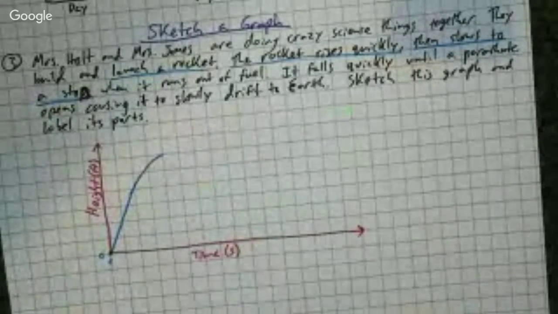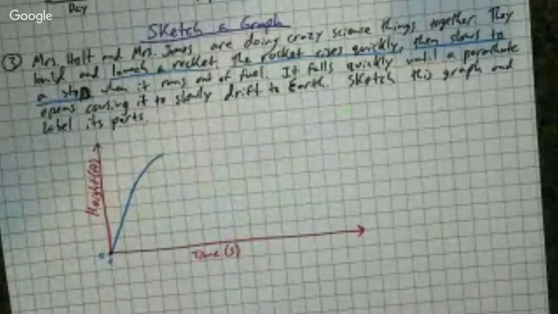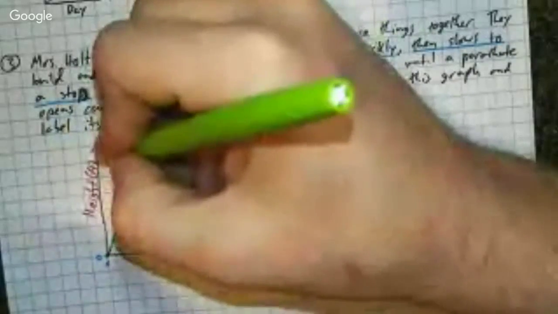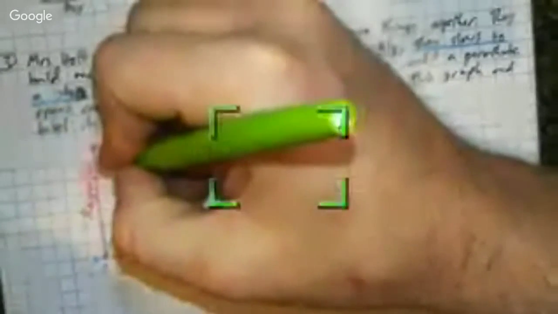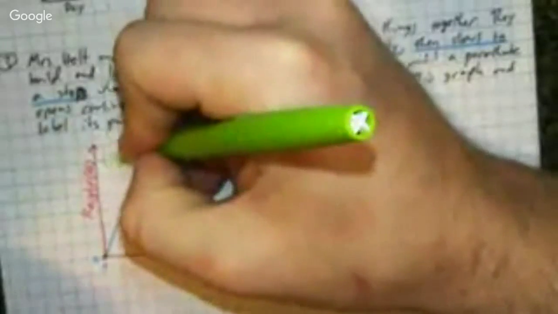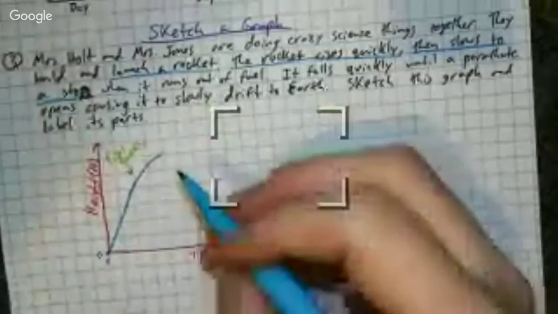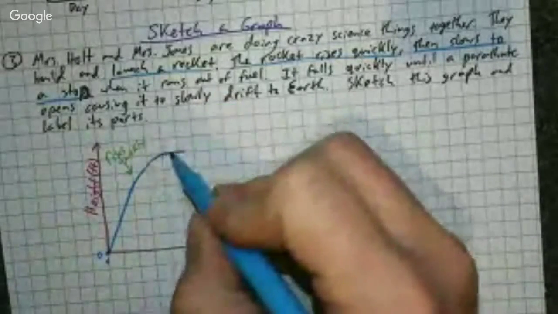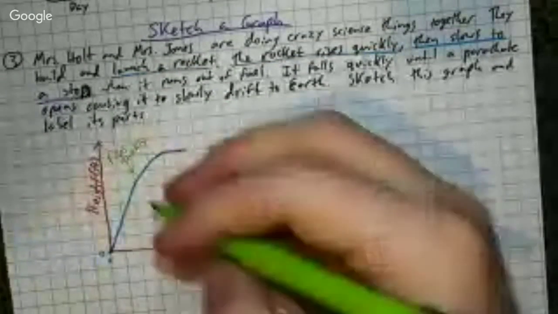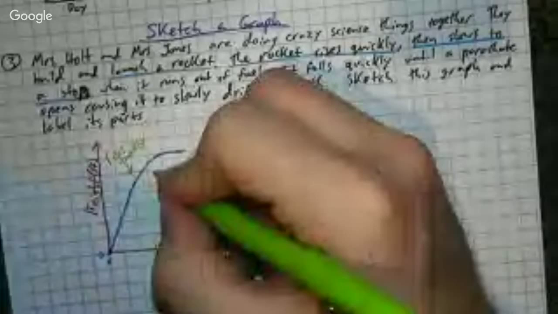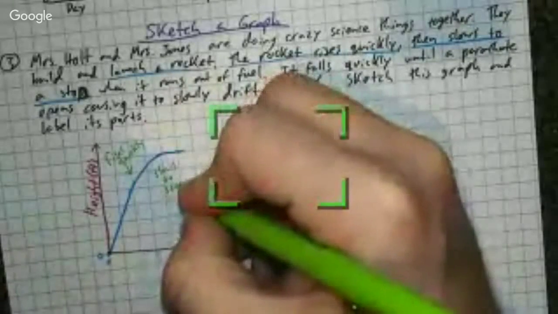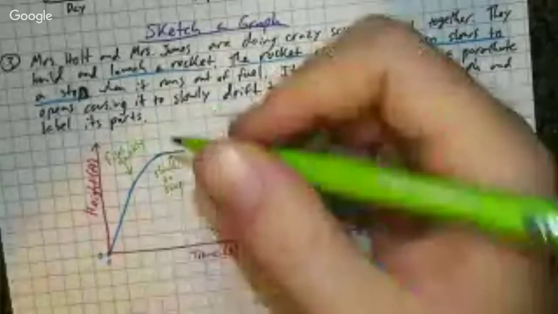So if we're labeling this now, this would be where it rises quickly. And then up here, as it slows to a stop like that, that's where it slows to a stop when it runs out of fuel.